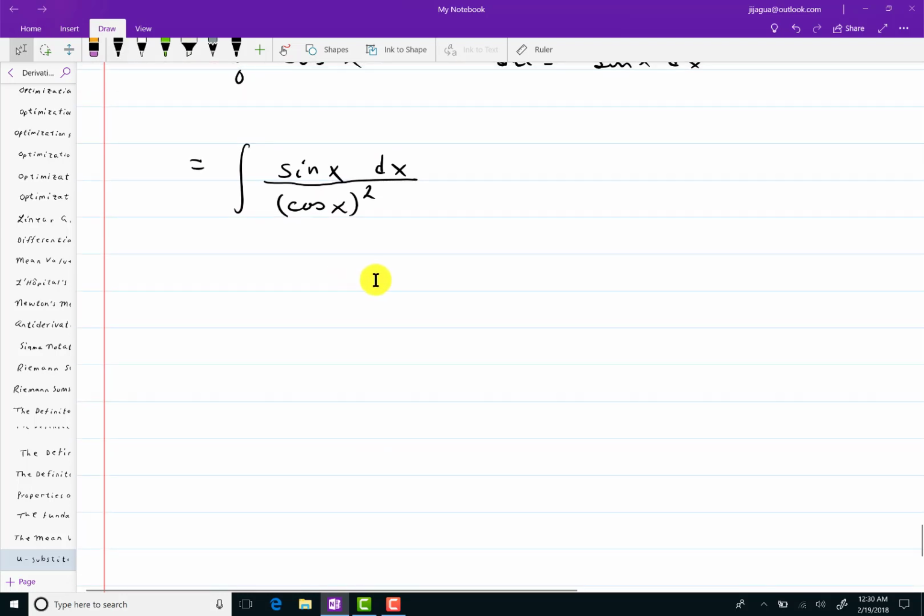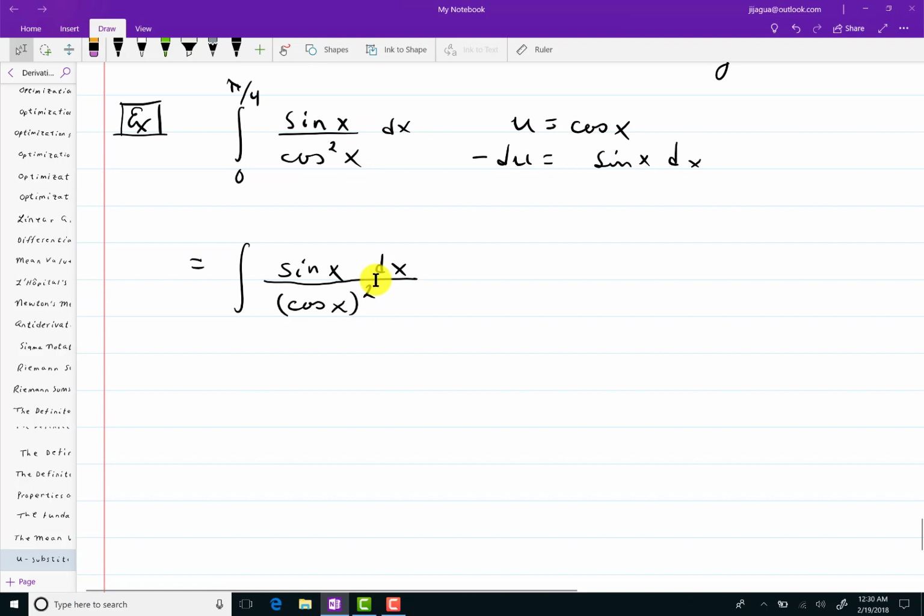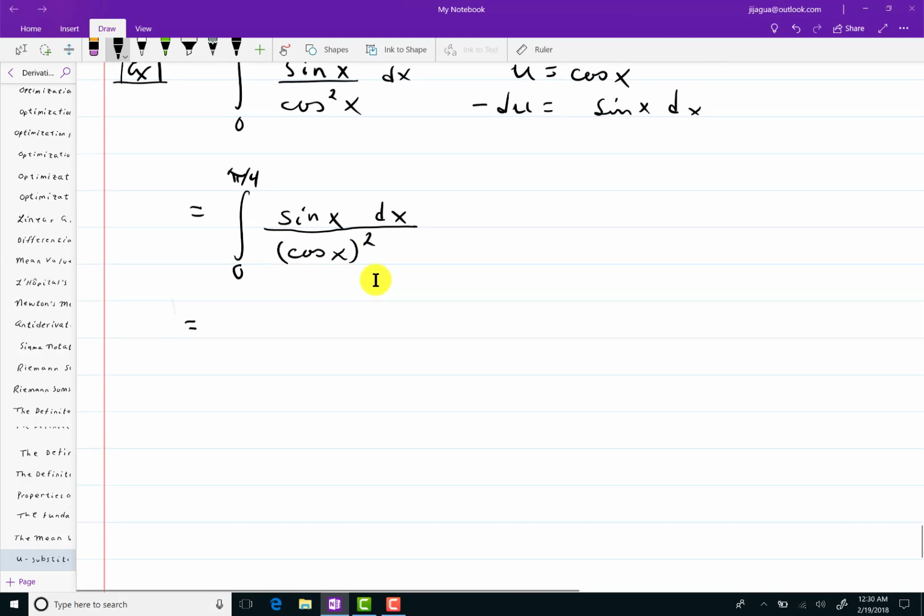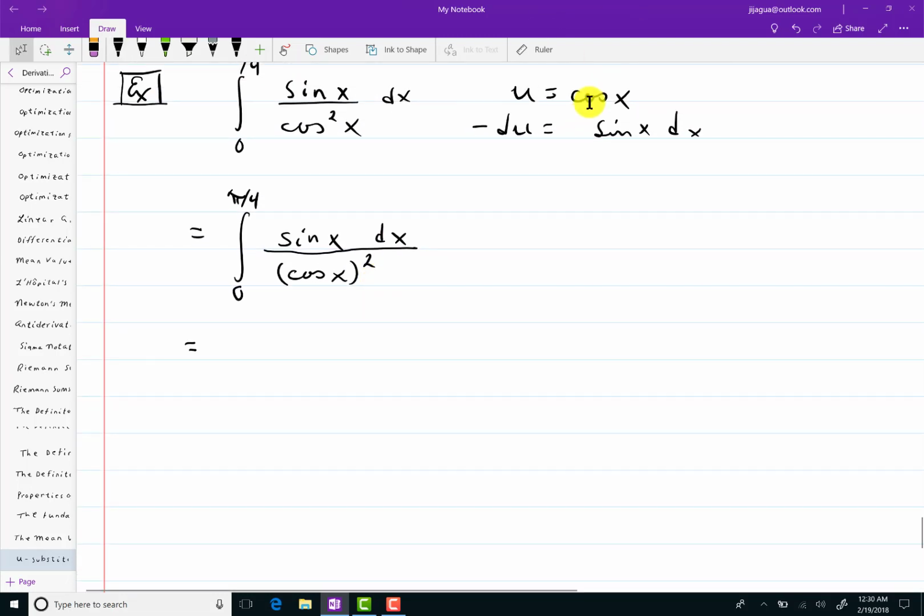So since I'm still dealing with x, I'm not going to monkey with these things just yet. Then we'll go to the next step, where I'm going to start putting in my u. So down here I'm going to have a u squared in the denominator. In the numerator I'm going to have negative du.